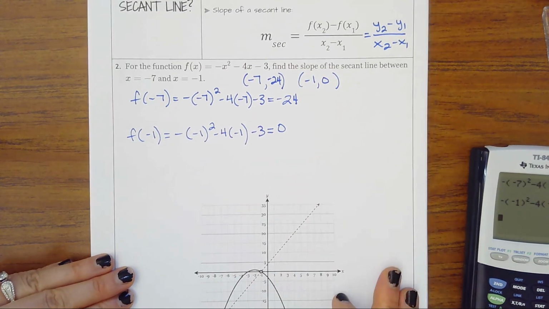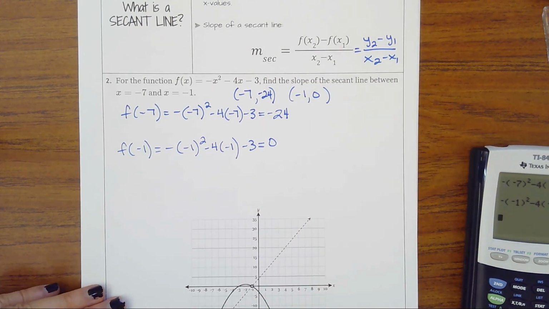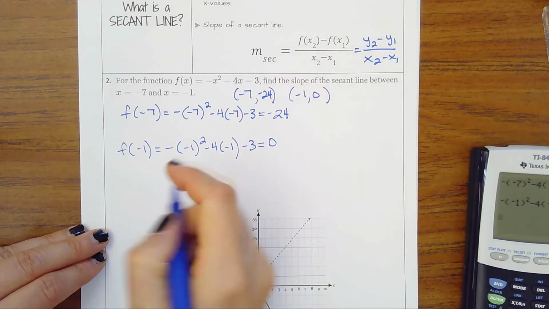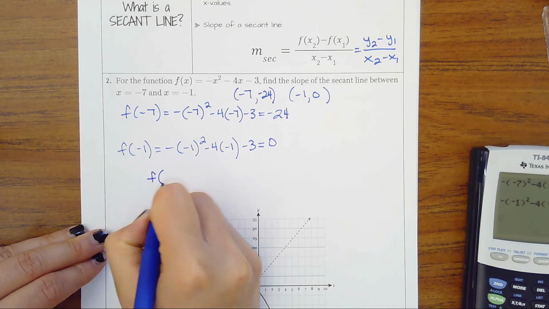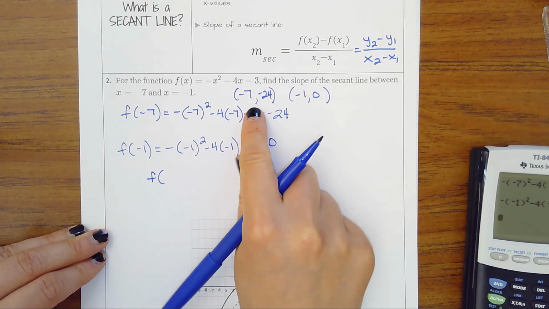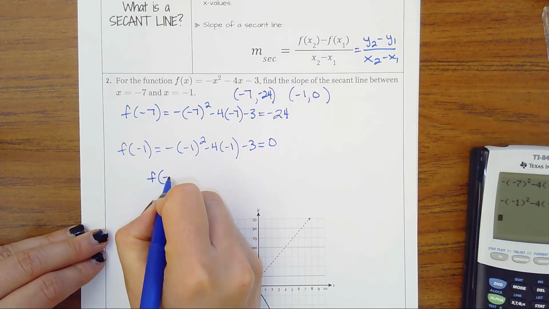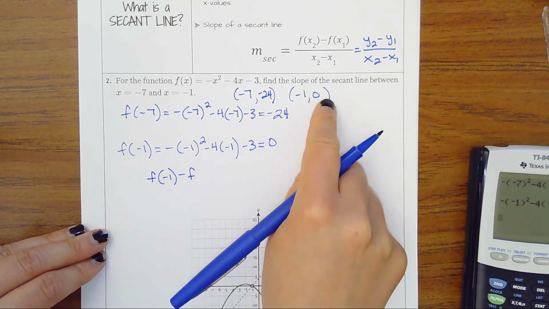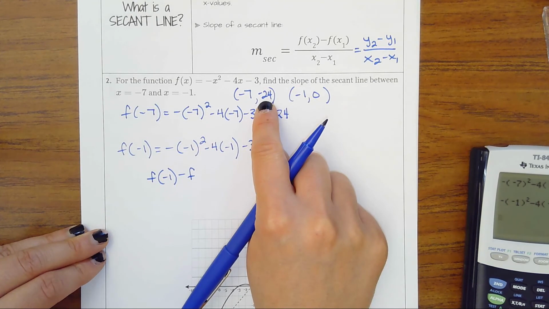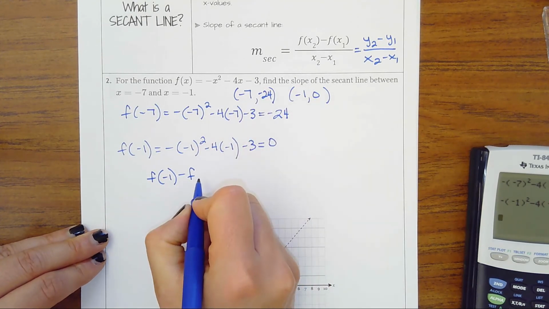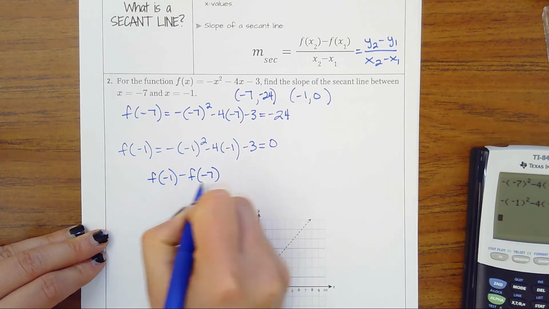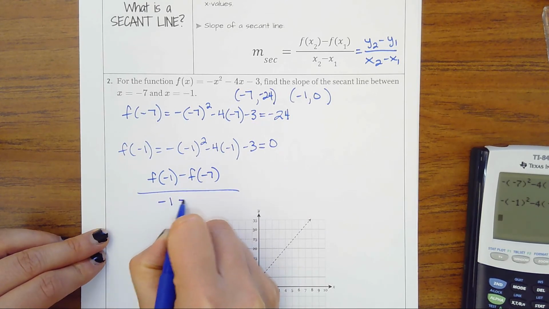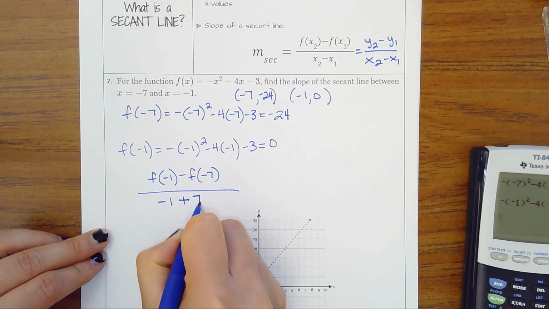Now all you're simply doing is plugging that into the slope formula. So your choice. You can say that it's f of our x2, so that'd be f of negative 1 minus f of your x1, which is negative 7, over negative 1 minus negative 7, or plus 7.